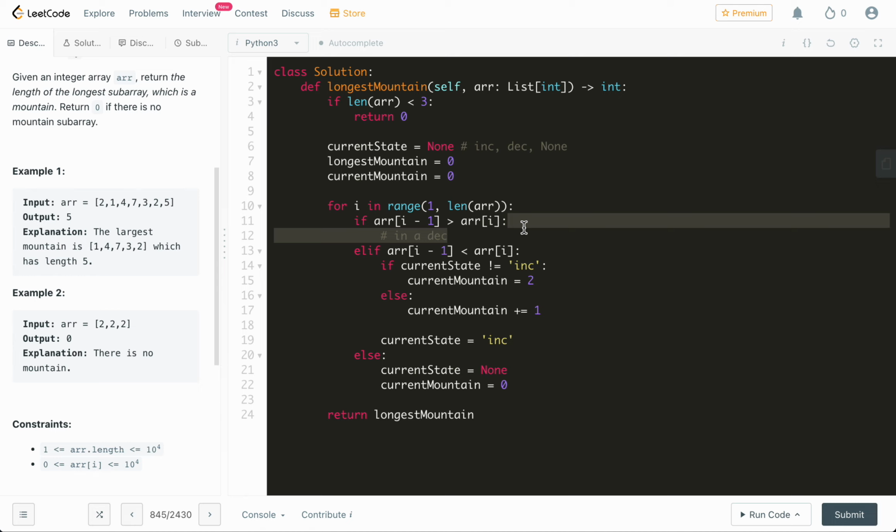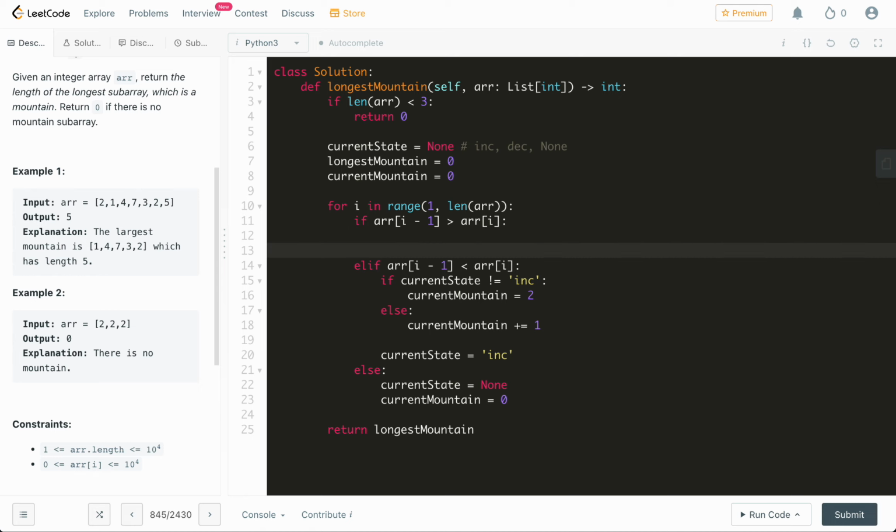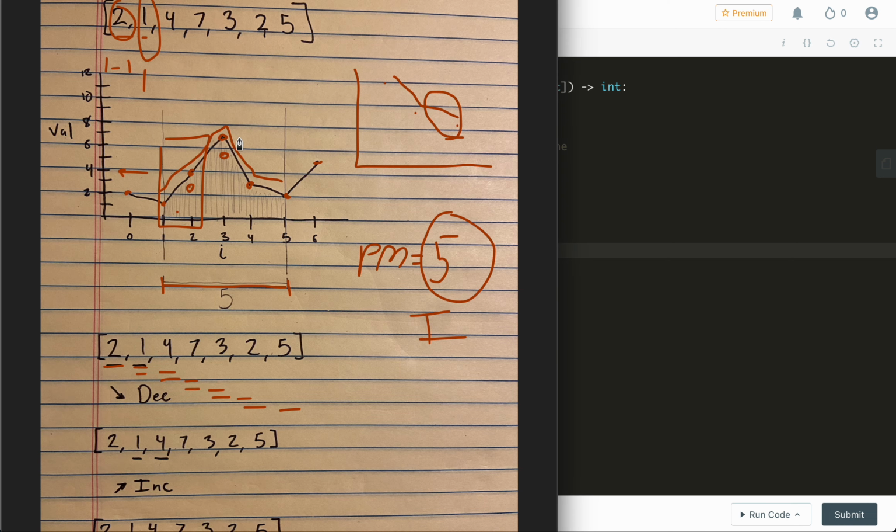Now let's say we're in a decrease. If we're in a decrease, obviously we're going to want to set our current state equal to a decrease. But remember I said we only care about decreases if they were preceded by an increase. So because these were increasing prior to decreasing, then we care.